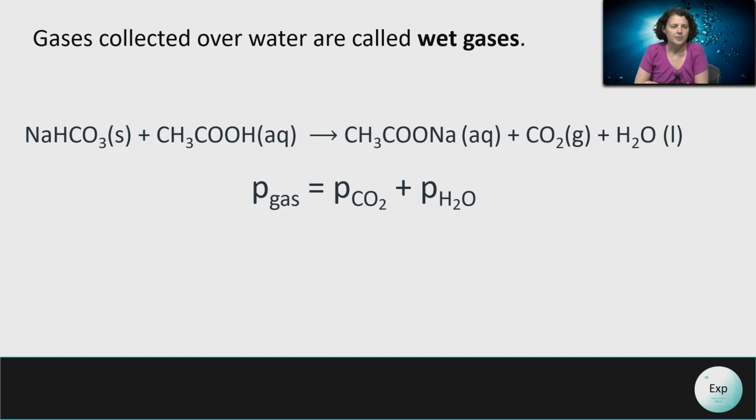Now, in another experiment in which we're reacting baking soda or sodium bicarbonate with vinegar or acetic acid, the reaction produces carbon dioxide. When that carbon dioxide is collected, we have to remind ourselves that it is collected over water because the solution is mostly water. And we have to say that the pressure of the gas is the sum of the carbon dioxide and the water vapor pressures.